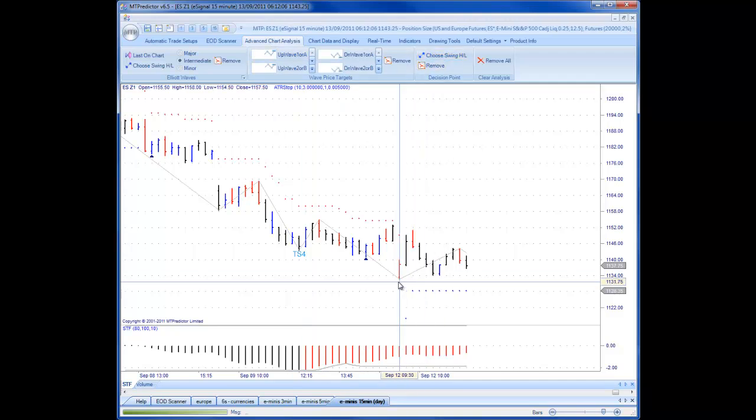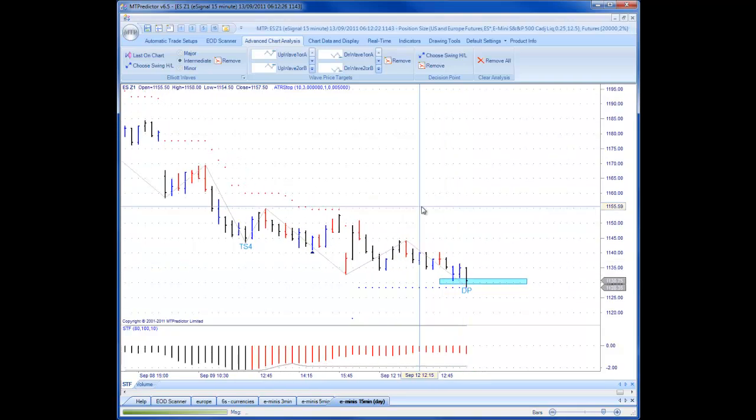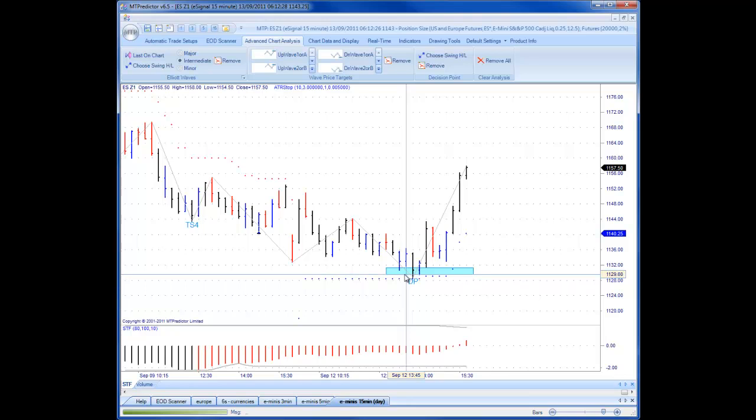Let's go down to the low here, put the DP on. As you can see, it's on the chart in advance. So here we knew that around the 11:31 down to 11:29 level was 15-minute support, and that was on the chart at lunchtime.